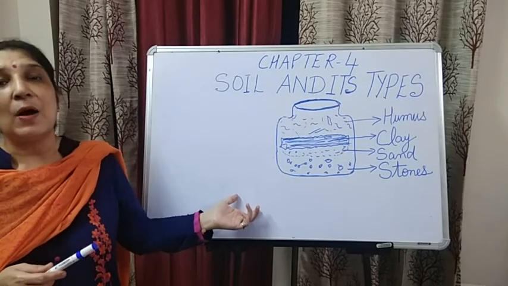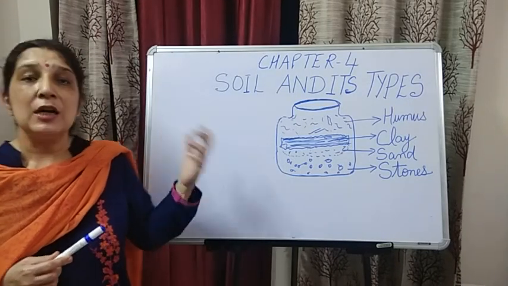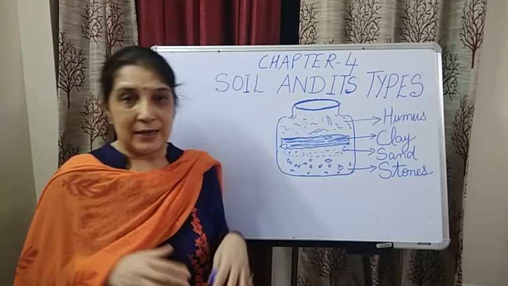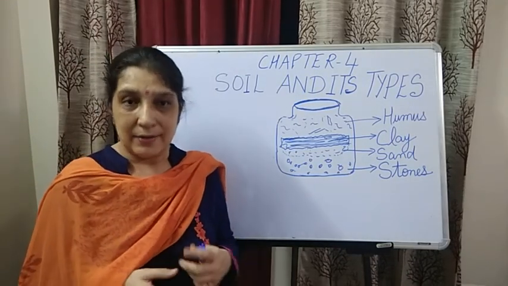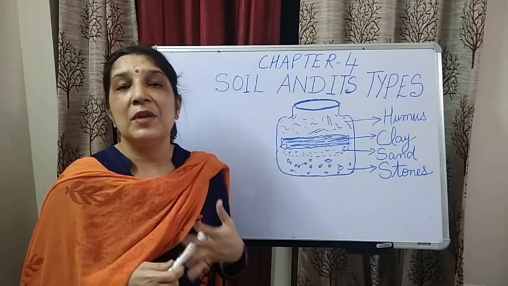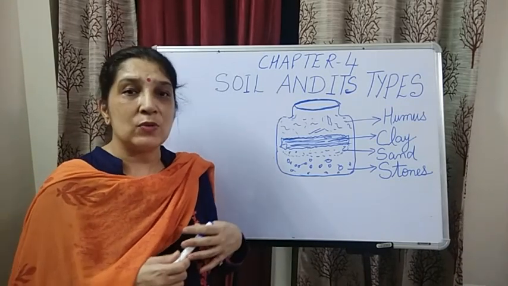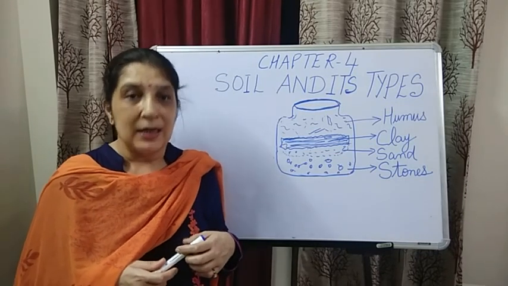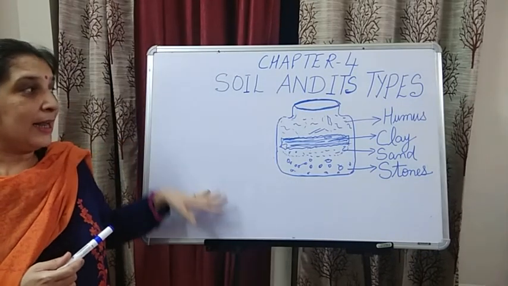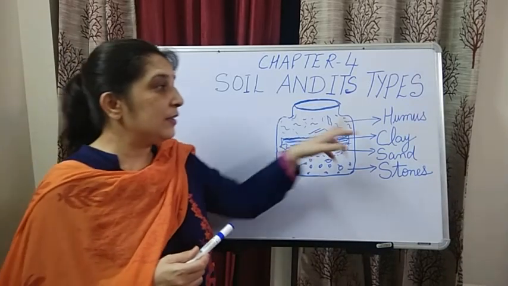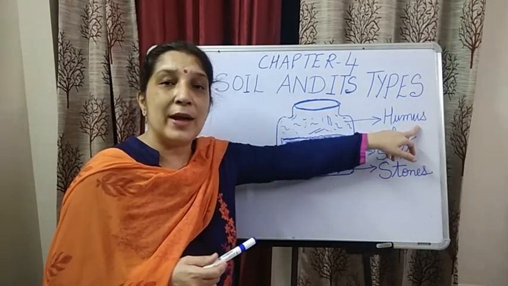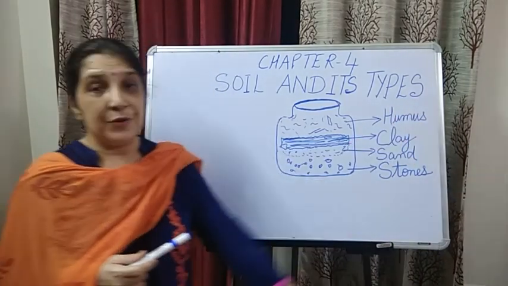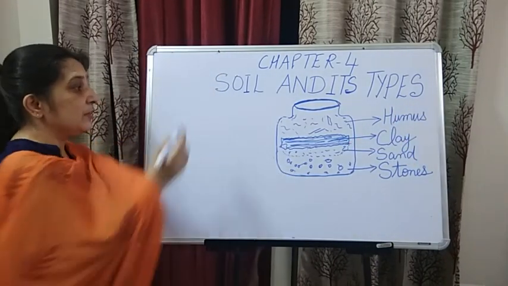Then we discussed loamy soil. Loamy soil is a mixture of both sandy soil and clay soil, right, children? This soil is very fertile. This soil is very good for the plants to grow. Now, last video I ended with this word, humus. Do you remember what is humus?